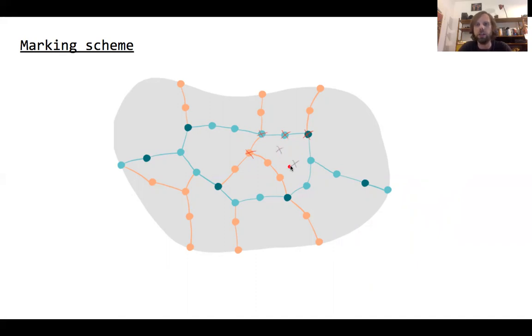And this is exactly the marking scheme that we look for, because any deletions in this potentially large gray set can now be simulated with a similar number of deletions only in the colorful vertices, which are only poly-K many.